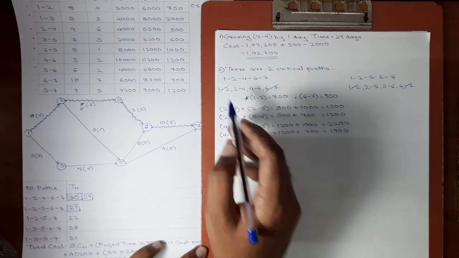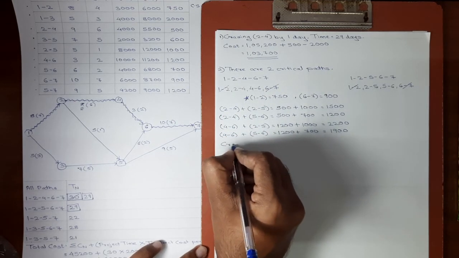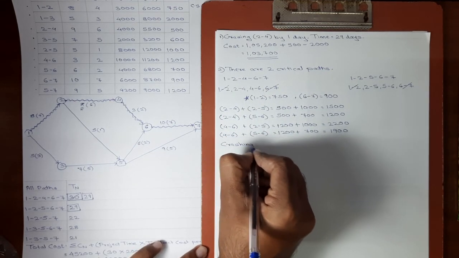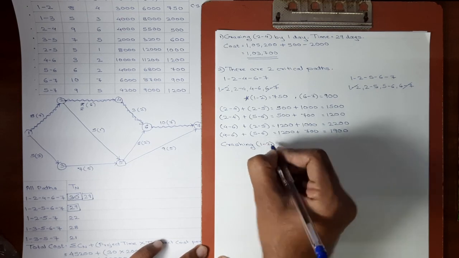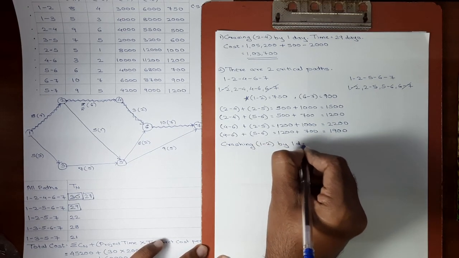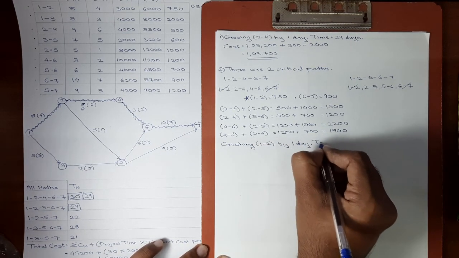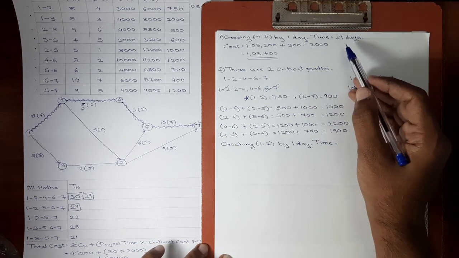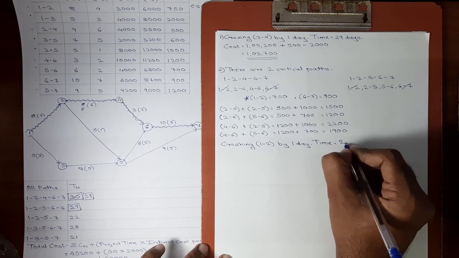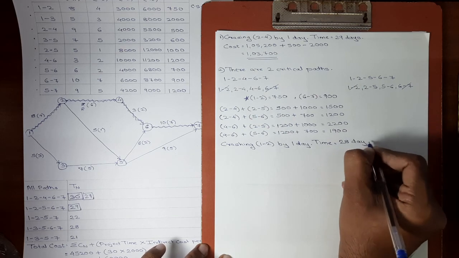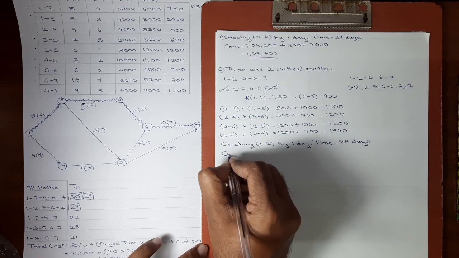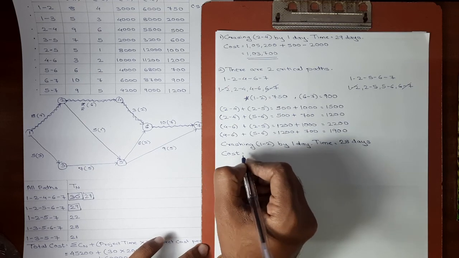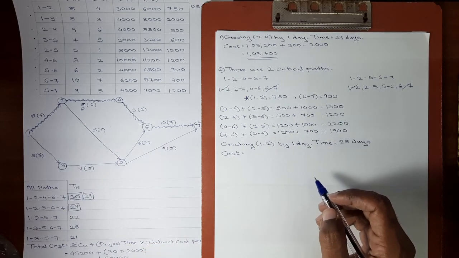So in second step of crashing, we'll be crashing activity 1 2 by 1 day. Now the time will again be reduced. In first step of crashing, the time was 29 days. Now it will be 28 days. And the corresponding cost will be total cost plus crash cost minus indirect cost of 1 day.